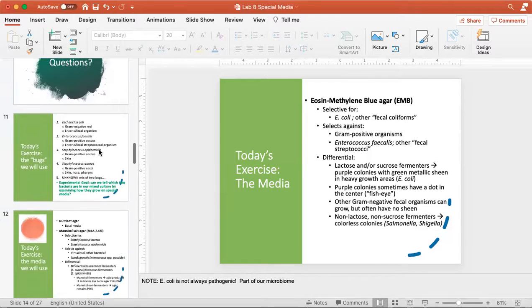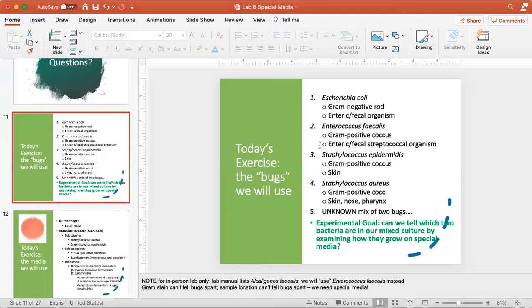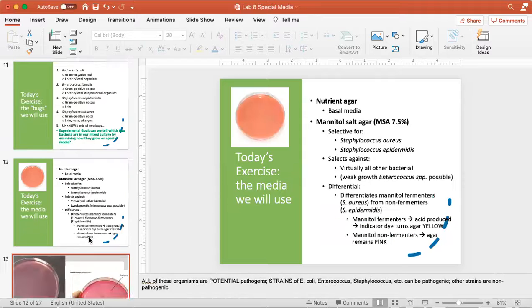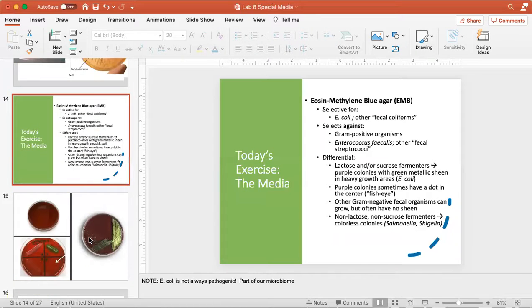Remember, if I go back to this slide, Enterococcus faecalis does live in the intestine, but it's a gram-positive organism. E. coli is gram-negative. So there are organisms living in our intestine that are gram-positives, and they will not grow on EMB.